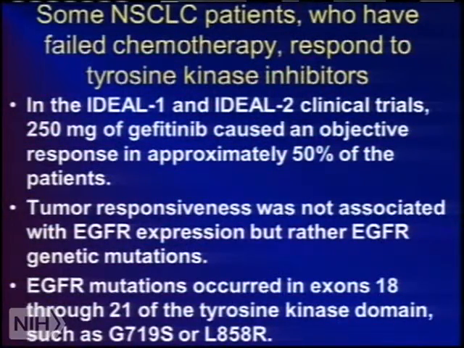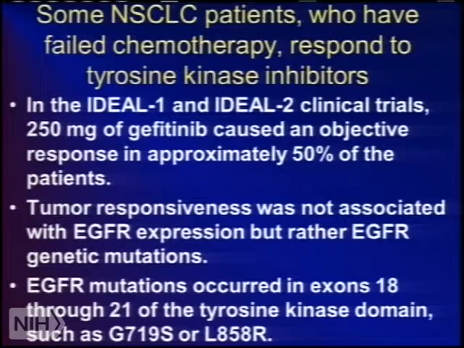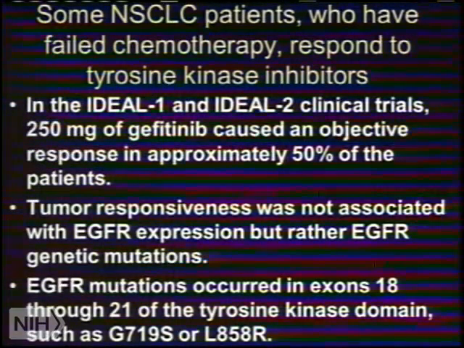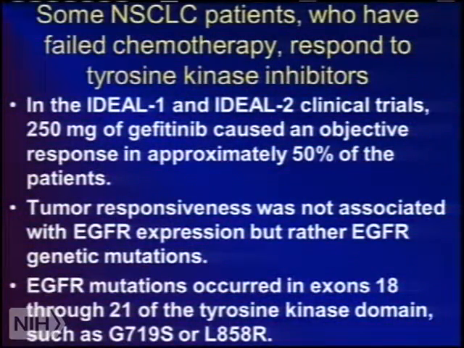The Americans, we didn't have as many mutations, and so gefitinib wasn't as effective in our patients as it was in the Japanese. So then they did all sorts of genetic studies, and they found out that there were mutations in the tyrosine kinase domain of the EGF receptor. And especially if the amino acid at 719 was mutated or 858 was mutated, these patients responded readily to the gefitinib.